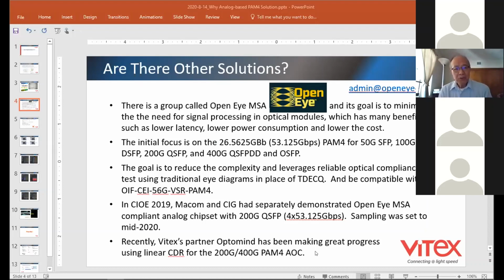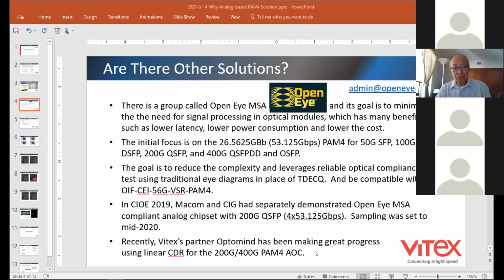And also last year at the conference, CIOE, MACOM and CIG both separately demonstrated OpenEye MSA compliant analog chipsets with the 200G QSFP, right? Which is instead of 8 channels, it's just 4 channels. So it was successful.